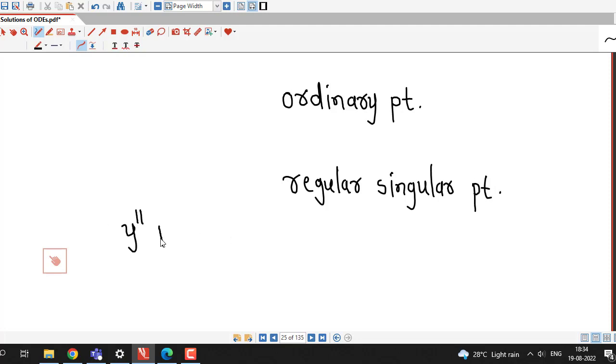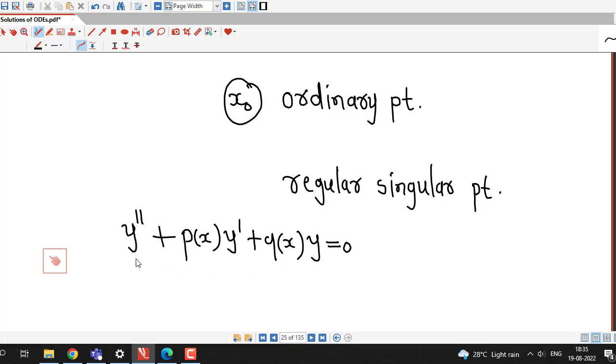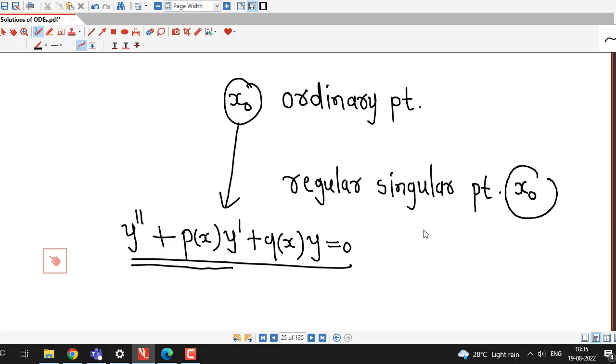If our equation is y double dash plus p(x) into y dash plus q(x) into y equal to 0, and if x0 is an ordinary point of this differential equation, then the method for finding the power series solution is different from the method of finding the power series solution about a regular singular point.